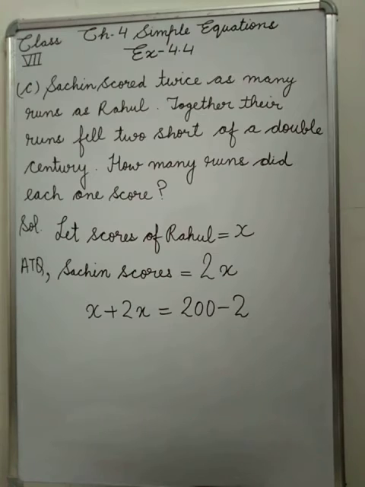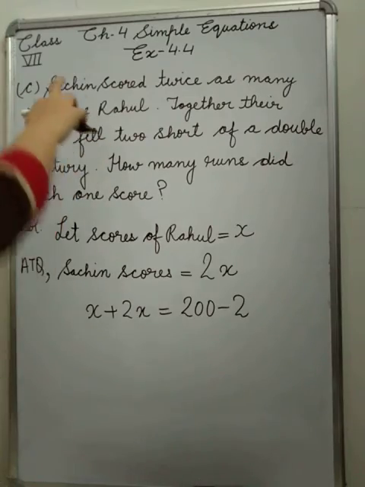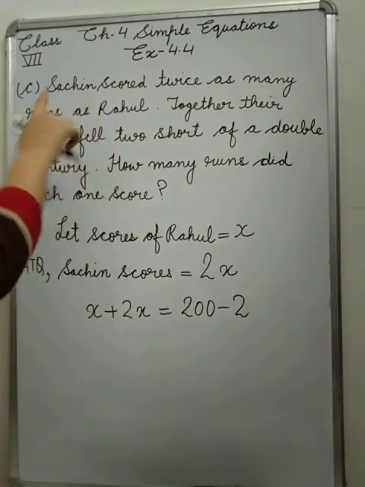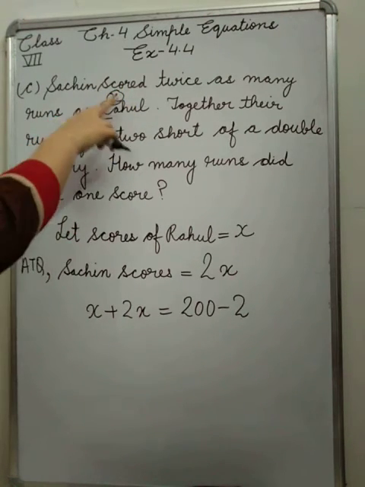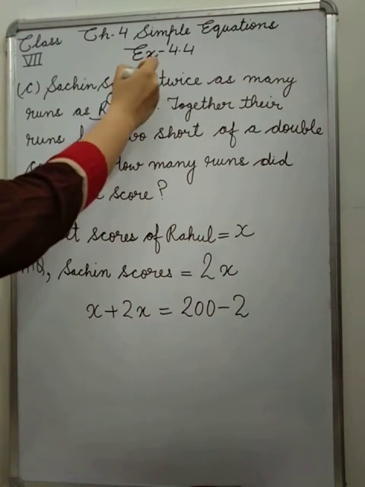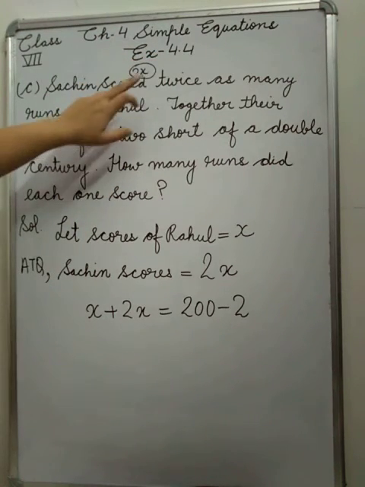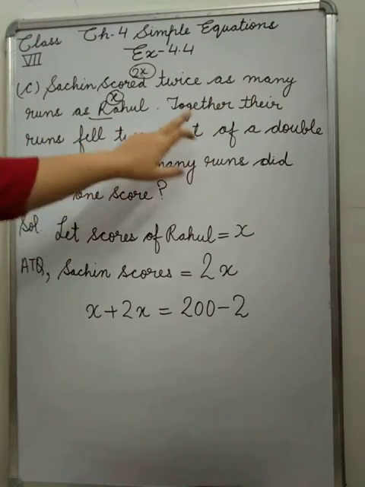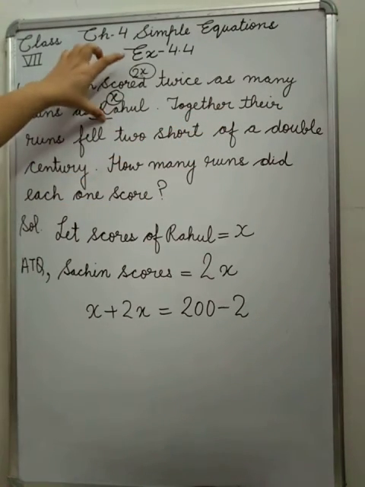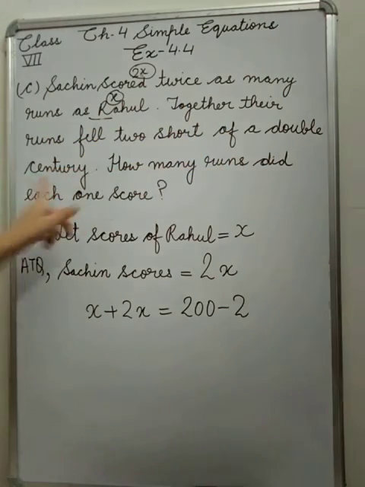Next, see the C part. Sachin scored twice as many runs as Rahul. Twice means 2 times as much as Rahul scores. So if you suppose Rahul scores x, the score of Sachin is 2x. Now together their runs fell too short of a double century.